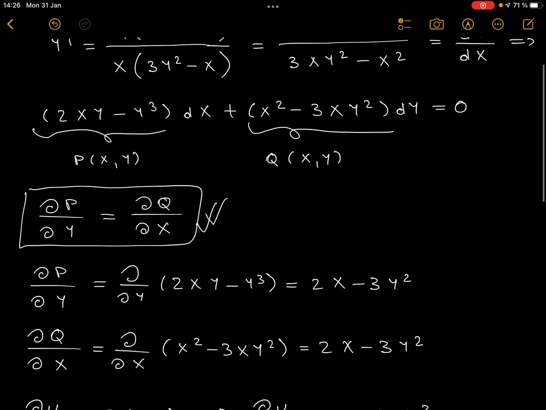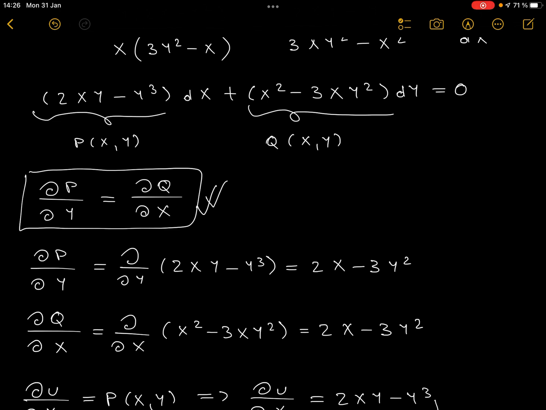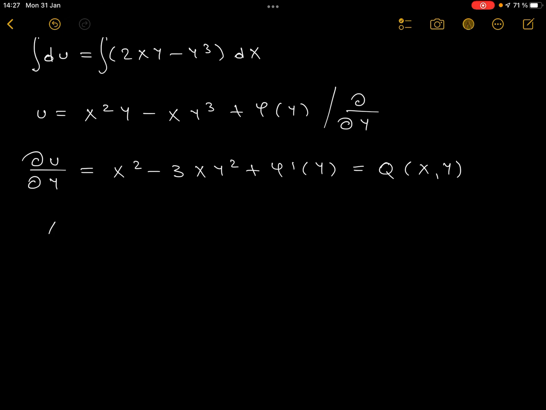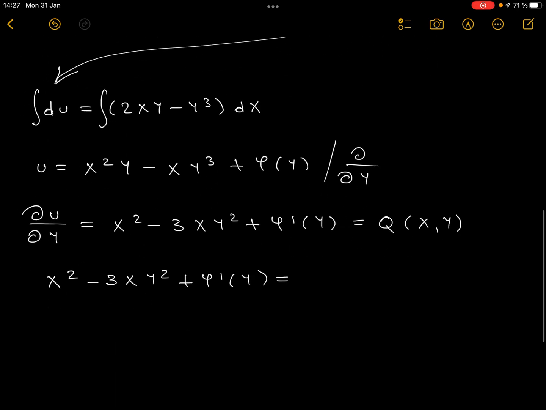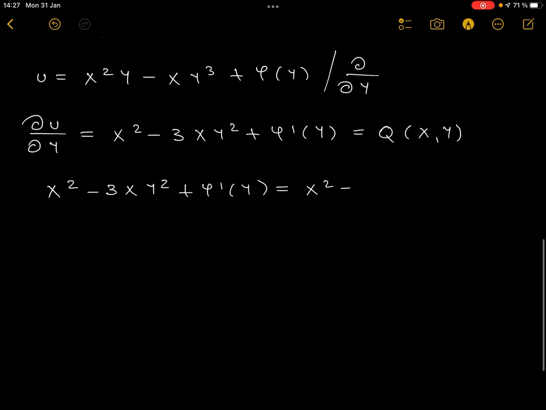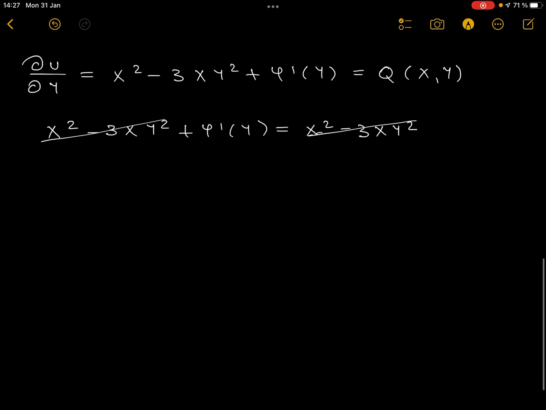If we remember, Q of x and y is x squared minus 3xy squared. So x squared minus 3xy squared plus phi prime of y is equal to x squared minus 3xy squared, and these two parts cancel out.